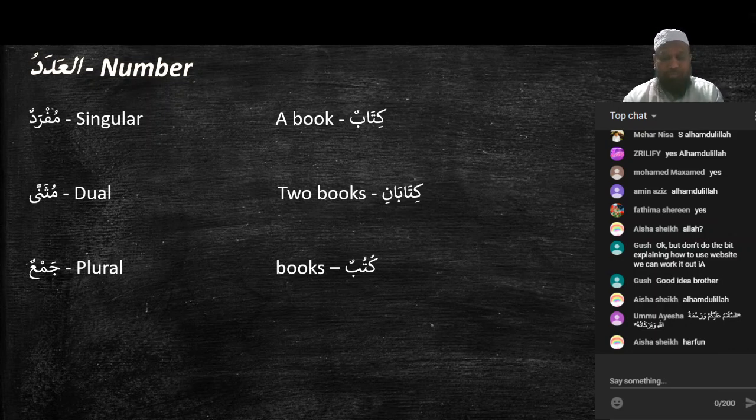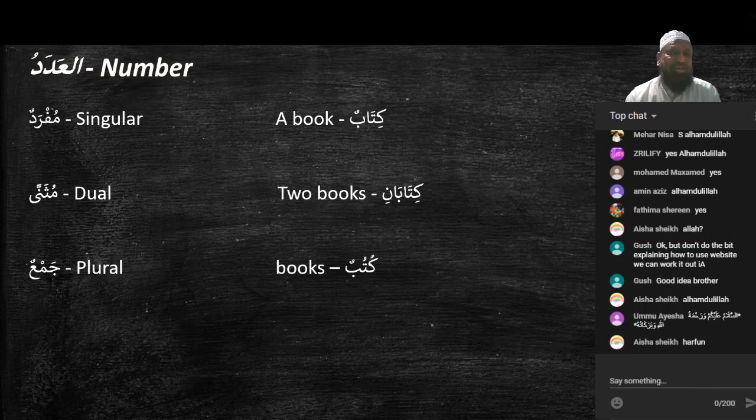So ism can be mufrad, it will give us a singular meaning, like kitabun, a book. The ism can give us dual meaning, it is called muthanna. For example, kitabani, two books. Number three, jam'un, the ism will give us the plural meaning, like kutubun, books.